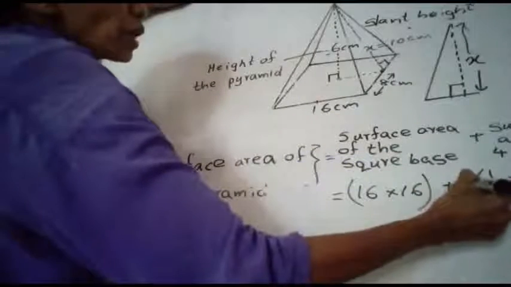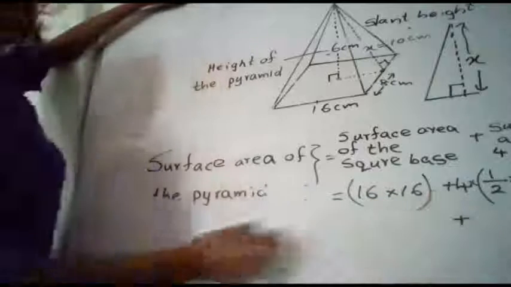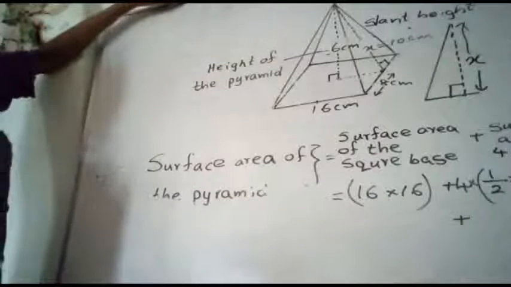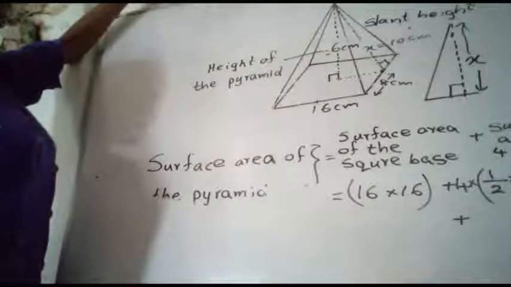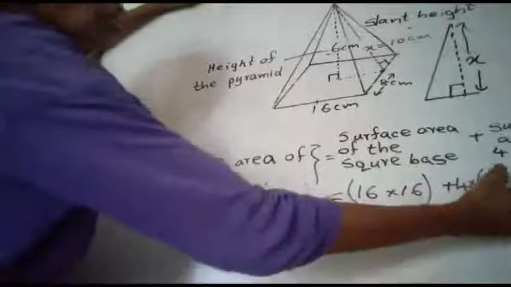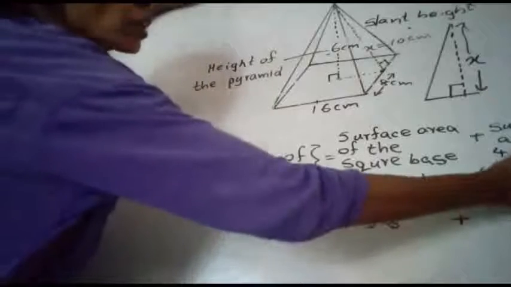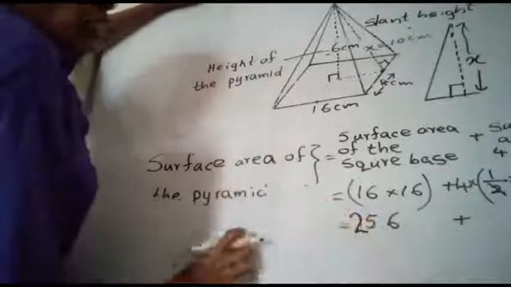We multiply this value by 4. 16 times 16 is 256.